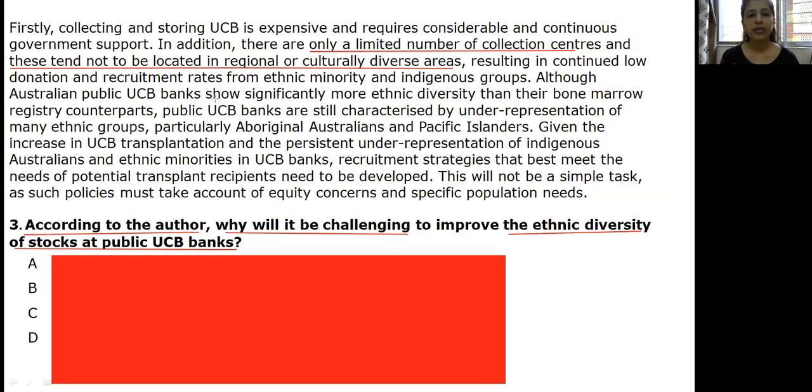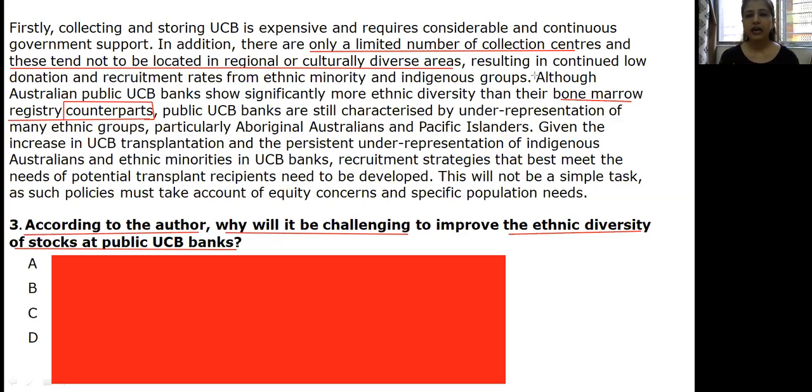Although Australian public UCB banks show significantly more ethnic diversity than their bone marrow registry counterparts. What do you mean by the word counterpart? Someone who is in the same position but in a different area. So here they are talking about comparing the umbilical cord blood banks with the bone marrow registry.